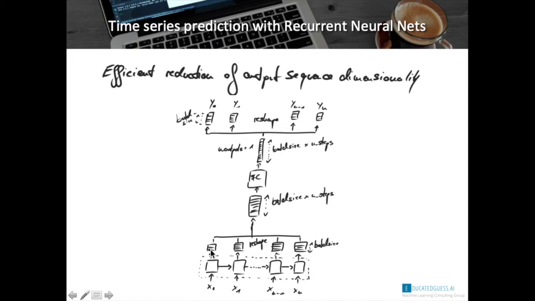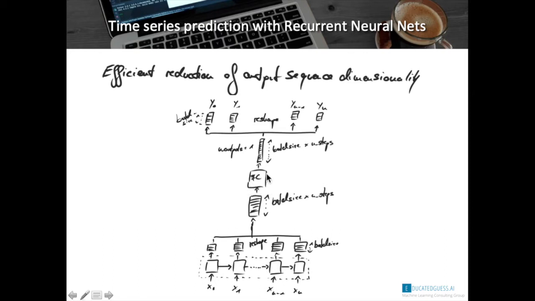So each individual batch size output is given per cell, and now we can put this together into an output of dimensions batch size times n steps by the number of neurons, and then we can feed this information into a fully connected layer here.